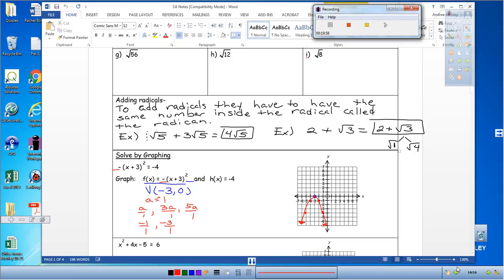Any questions over that? Okay, then the next thing we need to do is to graph this line right here. This is just like y equals negative 4. That's the same exact thing that's written.